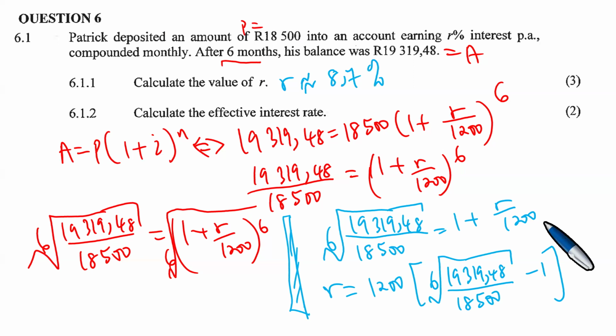So now we have found the value of R by using the compound interest formula. That's what we have used.